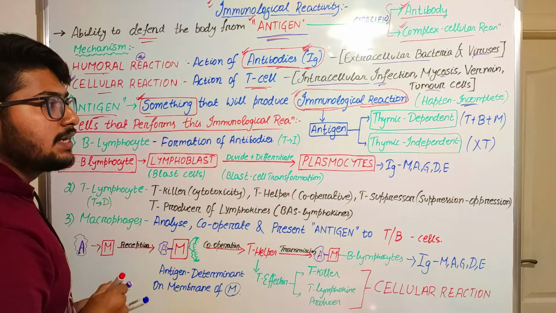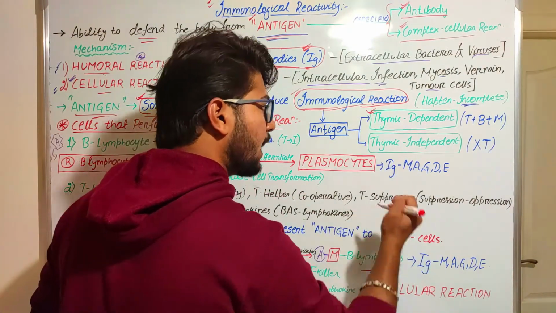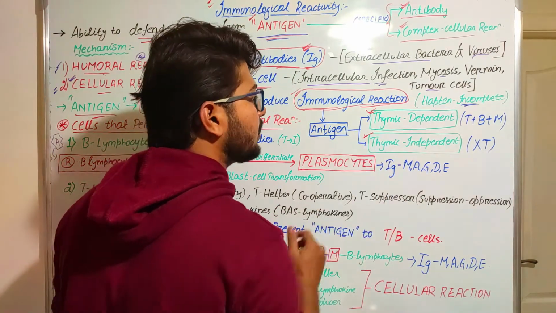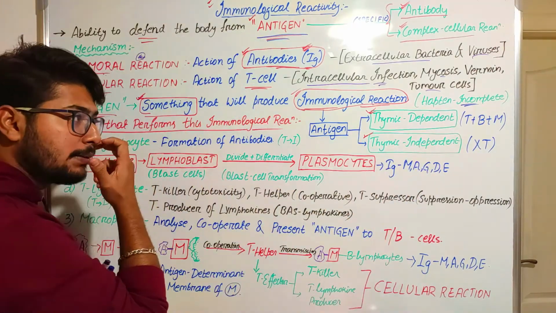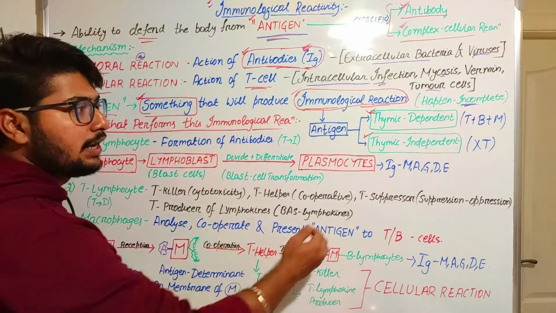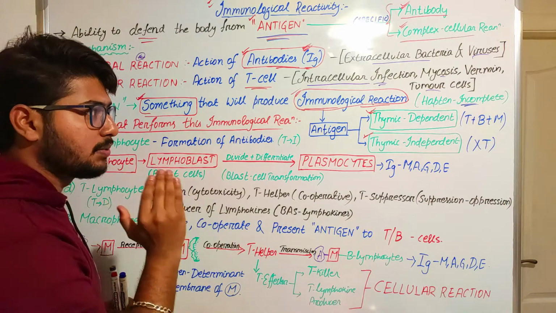According to antigens, antigens are divided into two types. One is thymic dependent and the second one is thymic independent. How will you remember this? Listen: thymic dependent means it includes the thymus, and thymic independent means it does not include the thymus.